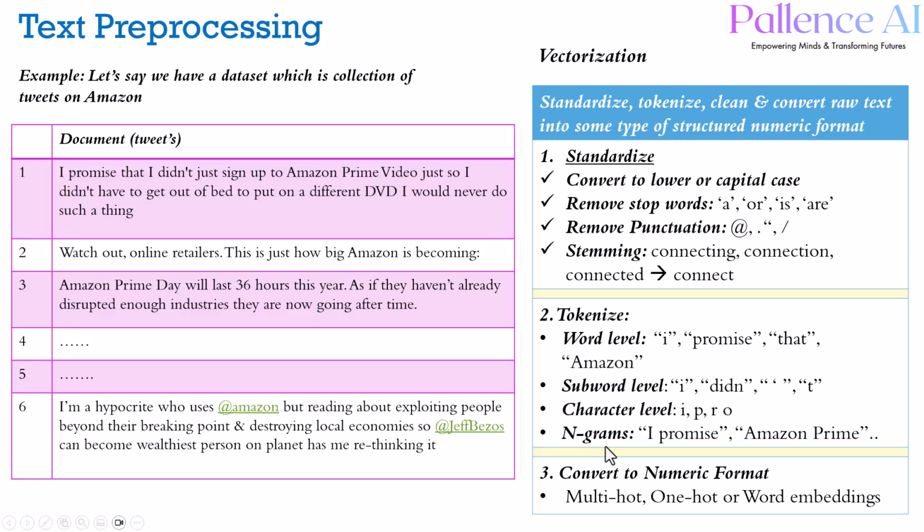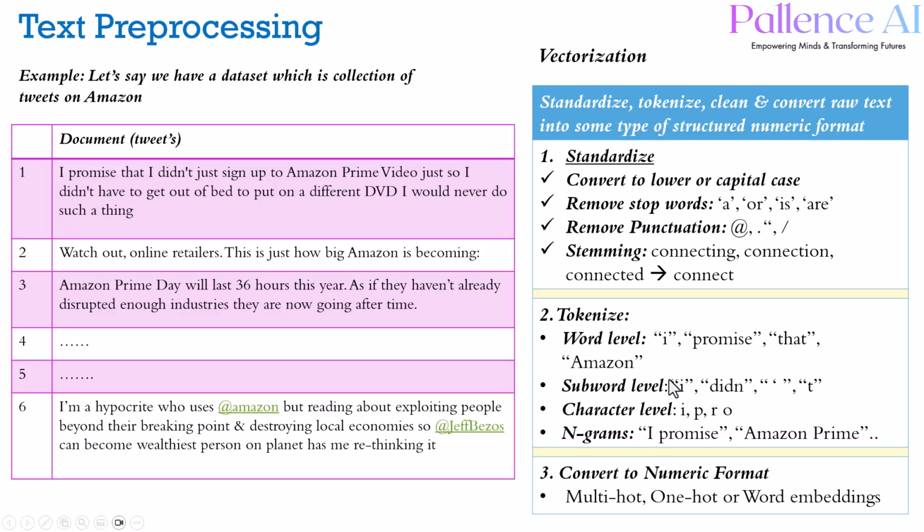And then n-grams. For example, with word level, you're just breaking each sentence into individual words. But again, you're losing a lot here, especially for the bag of words model. If you're using bag of words models, using a single word by itself, or subword, you lose a lot of context. With a bag of words model, word order is gone because you're treating the text as a set.